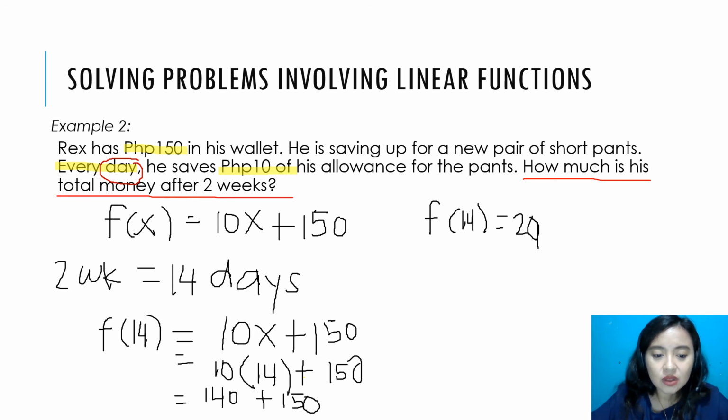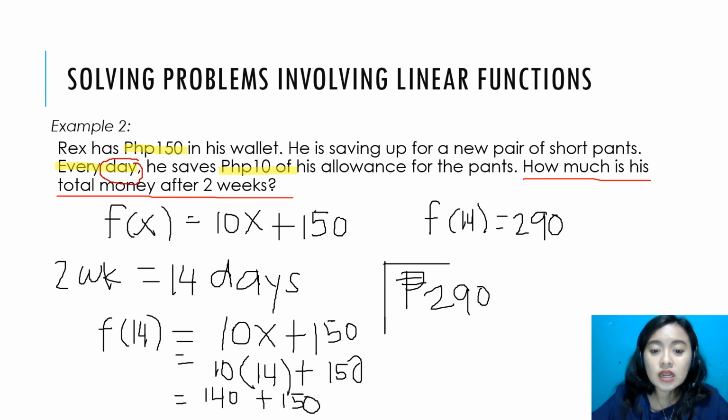Kadiyot lang. So, by the end of 14 days or 2 weeks, Rex would have saved a total of, again, dili na to kalimtan ang unit, 290 pesos. Mo na ni ang total niyang na-save based sa atong given problem.